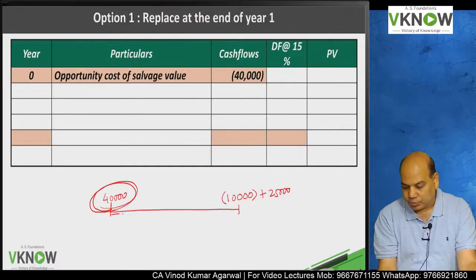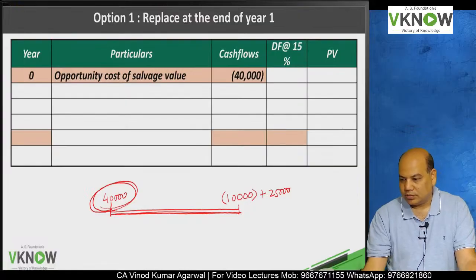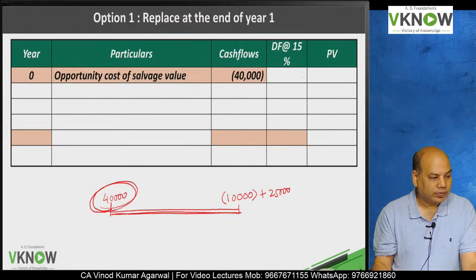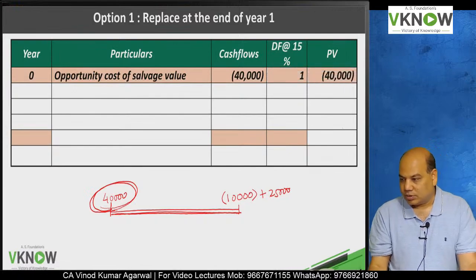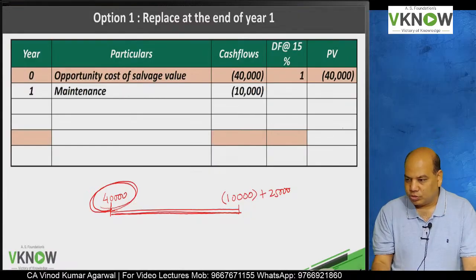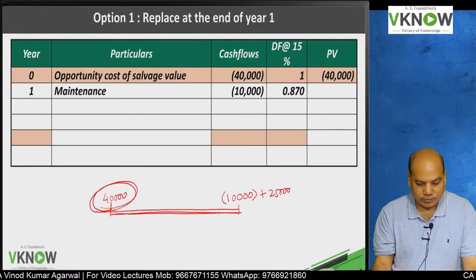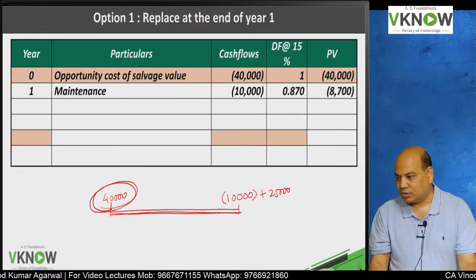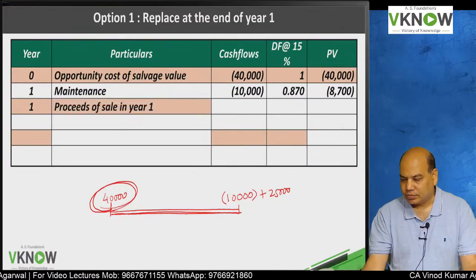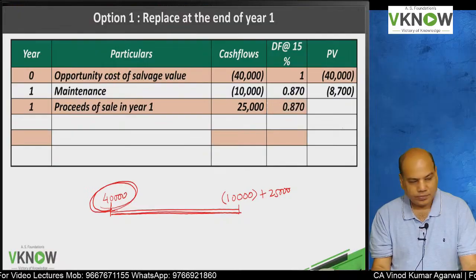Treat it as if 40,000 is the cost of the old machine, and you can use it for 1 year and then scrap. So if you use it for 1 year, maintenance will be incurred 10,000, present value 8,700, and you are going to sell it after year 1 for 25,000.